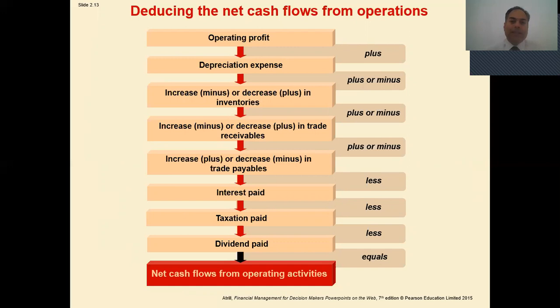Same with debtors: if I'm increasing my debtors, that's money going out, but if I'm decreasing my debtors, that's money coming in. Same with creditors: if I'm increasing my creditors, that's actually like taking a loan, so it's money coming in. If I'm decreasing my creditors, I'm making payments, that's money going out. So it's a tool that helps us reconcile our profits to cash.